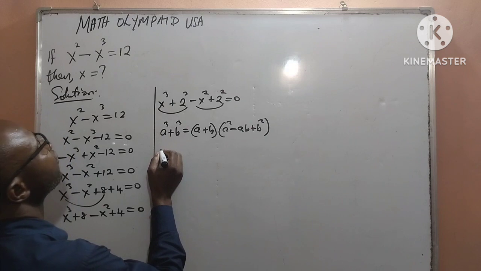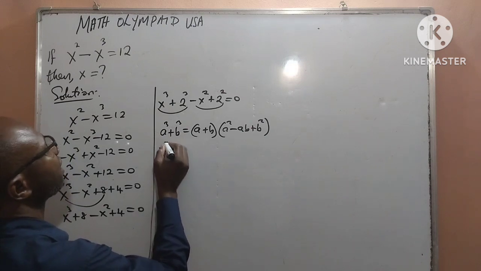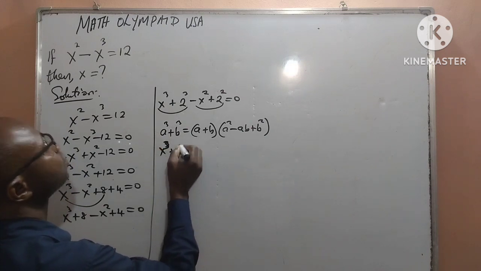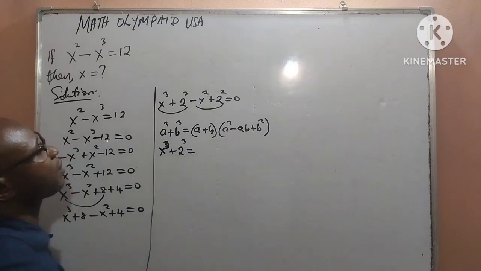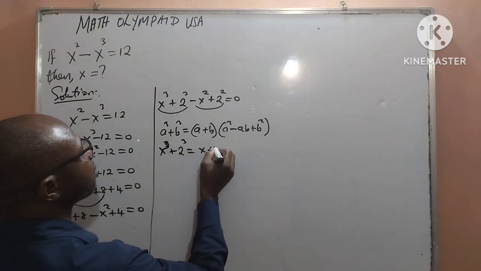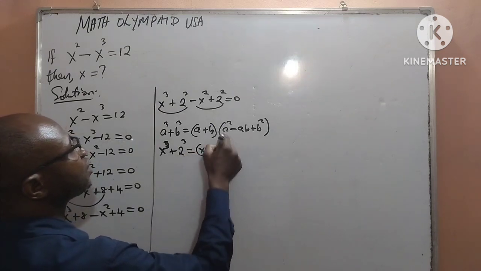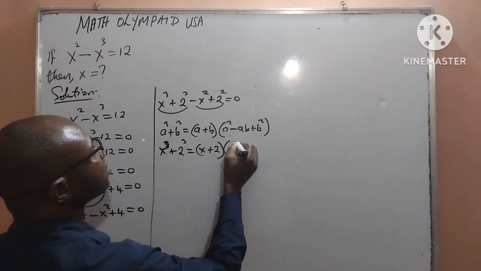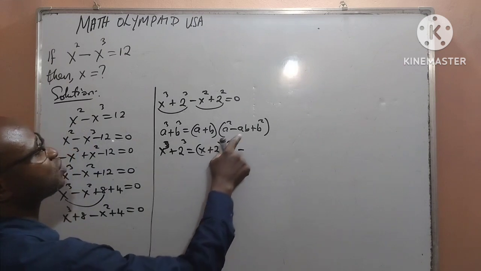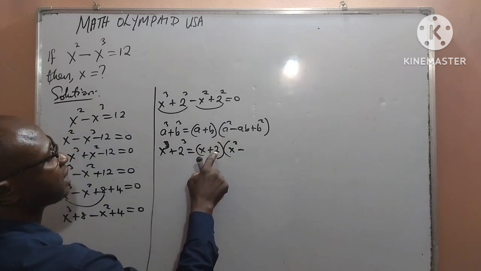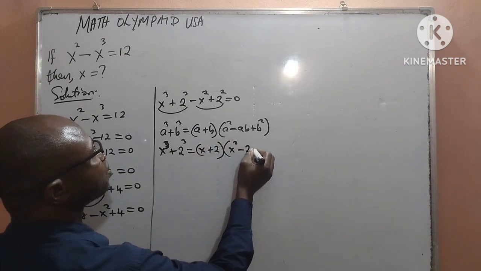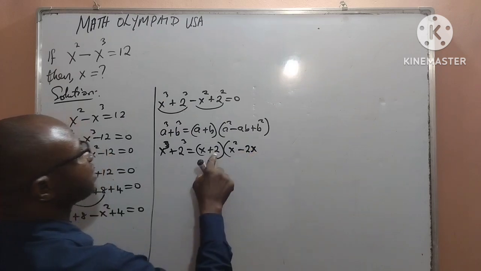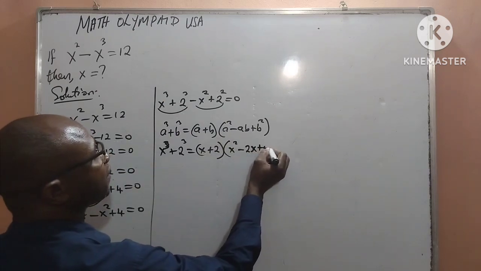it is now going to give me, therefore, that x to the power of 3 plus 2 to the power of 3 will now be equal to x plus 2. Then into the bracket, I have the first expression squared, which is x squared, minus the two expressions multiplied, that is 2 times x to give me minus 2x, then 2 squared will now give me 4.